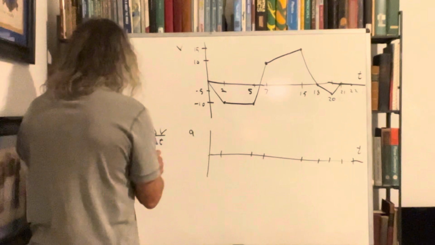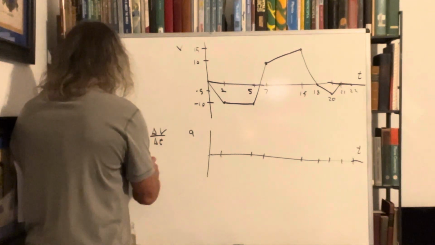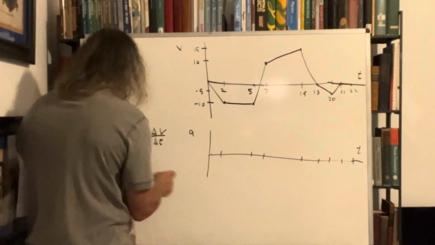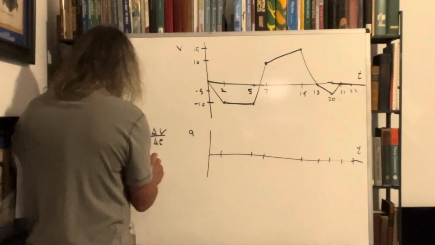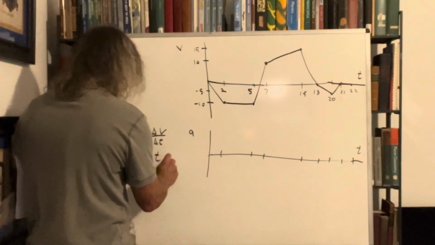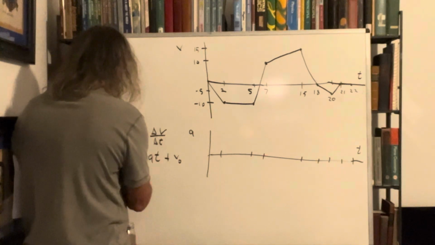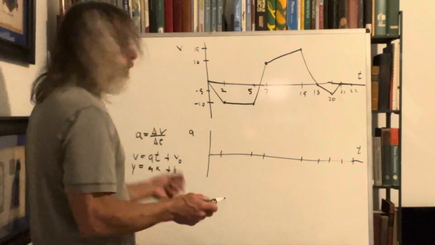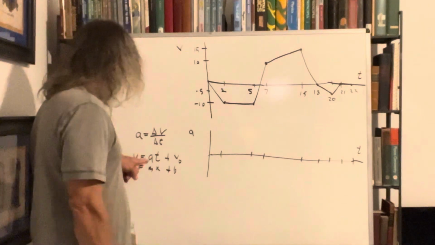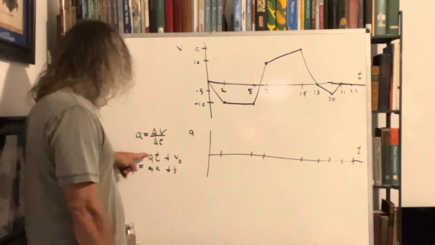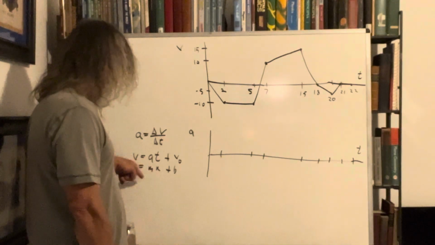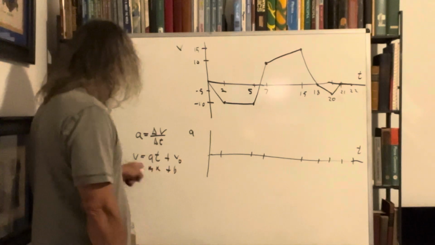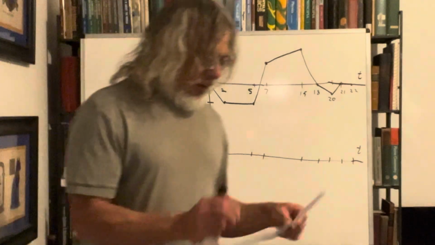Therefore, V equals A T plus V initial, that's like Y equals mx plus b for a straight line. Acceleration is the slope of the line, because that's where the m is. Y equals mx plus b. Y-intercept, slope, variable, independent variable, dependent variable.